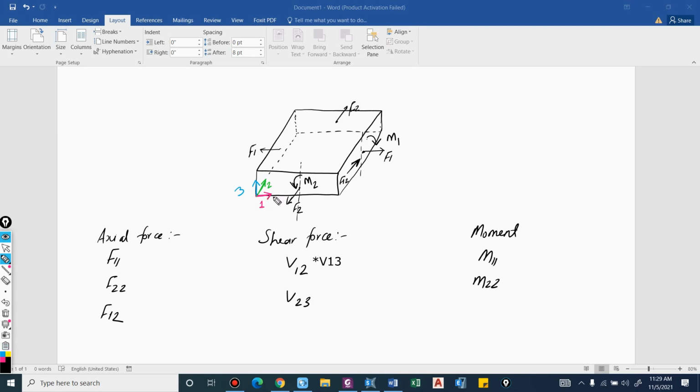We are representing one as red, so let me take one color red and I will provide the bar. As I said, it will be parallel to axis 1. So the rebar will be placed in this way, parallel to axis 1, and the same concept will be used for local axis 2, that is moment along axis 2, M22. The rebar will be placed parallel to axis 2, so the rebar will be placed in this direction.